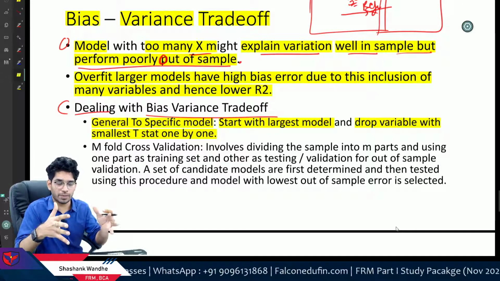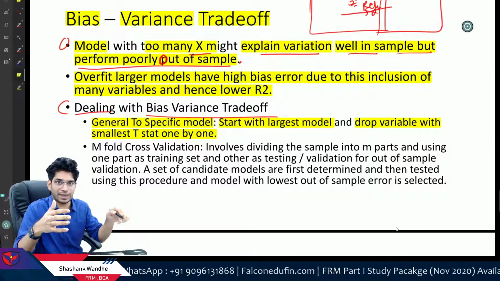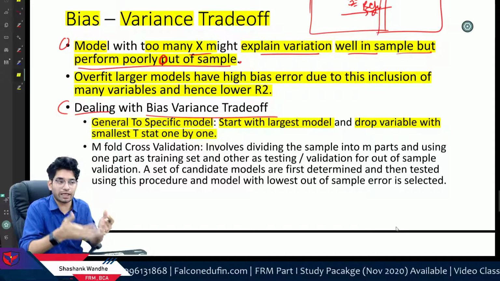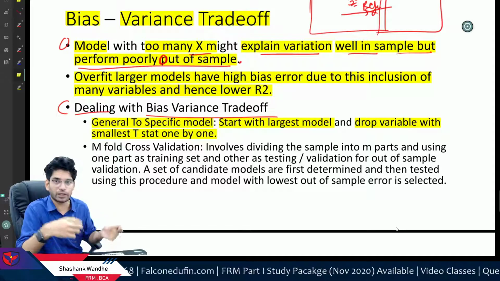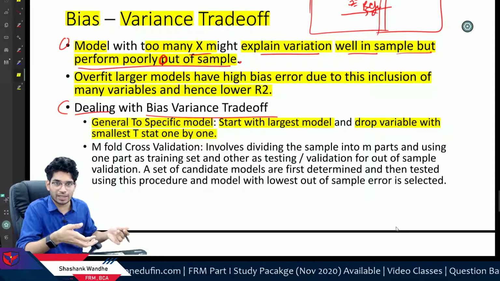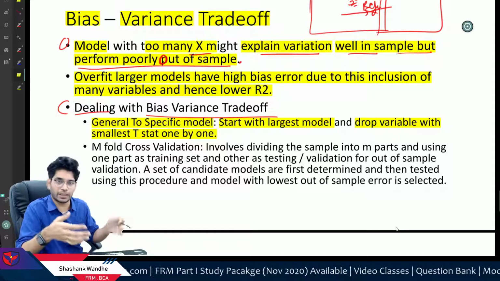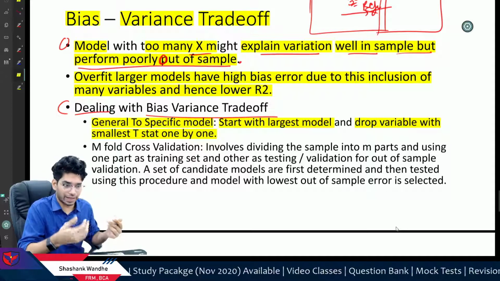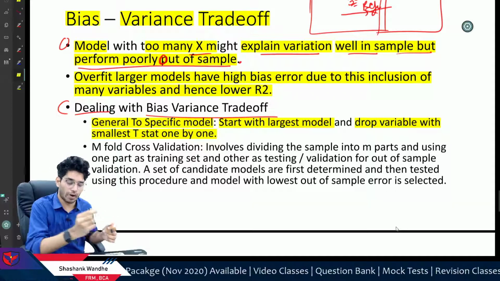You produce a model with 20 variables, see which one has the lowest t-stat, meaning that variable is not statistically significant, and drop it. Then rerun the model, see which one has the lowest t-stat, drop it, and keep doing that until all the t-stats are statistically significant. This is the general-to-specific model.